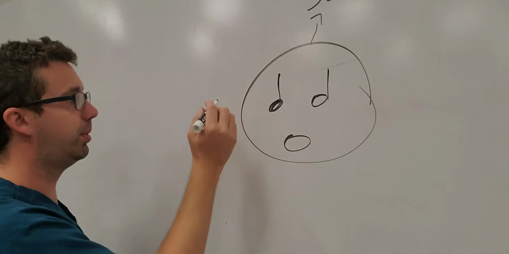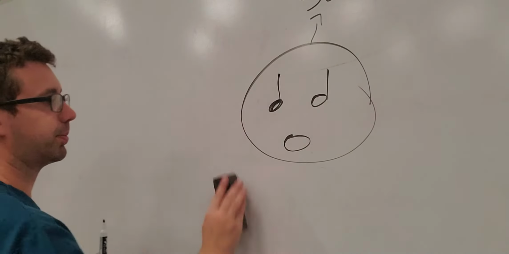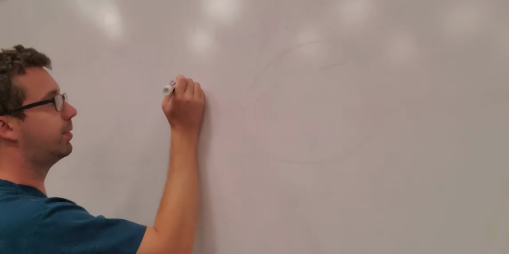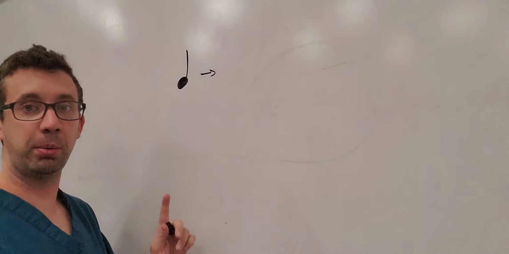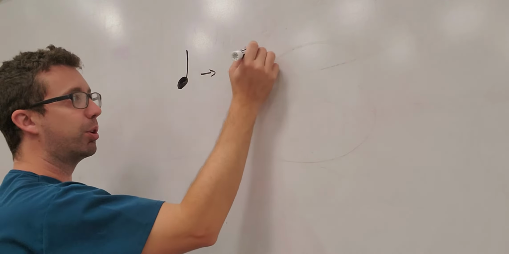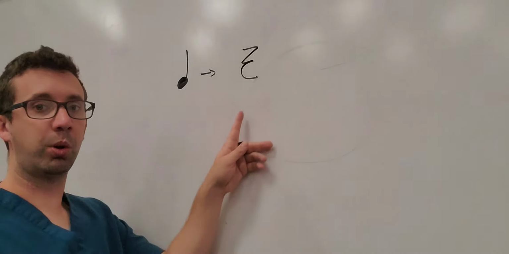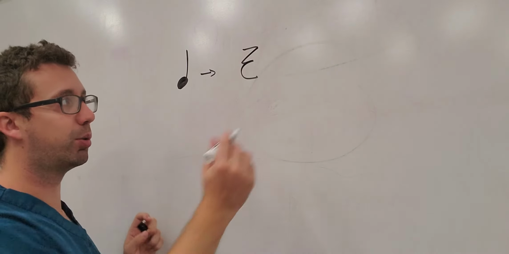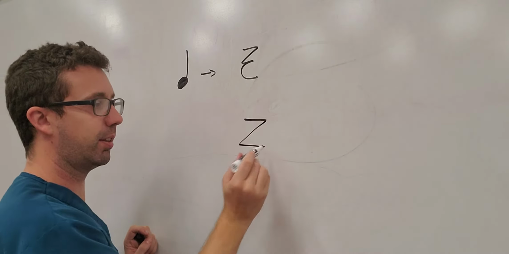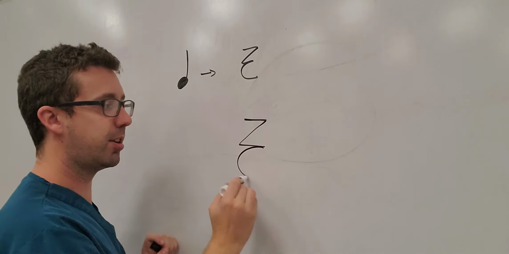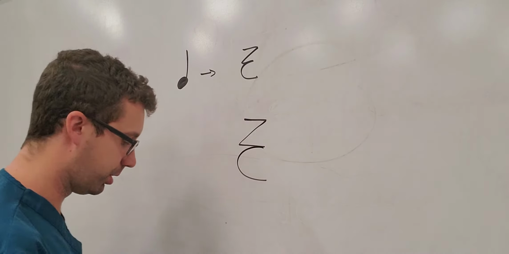So, for example, let me erase this. A quarter note is one beat of sound, and a quarter rest is one beat of silence. A quarter rest is simply a Z with a C on the bottom. And that's what it looks like.